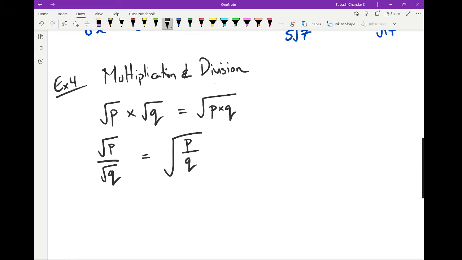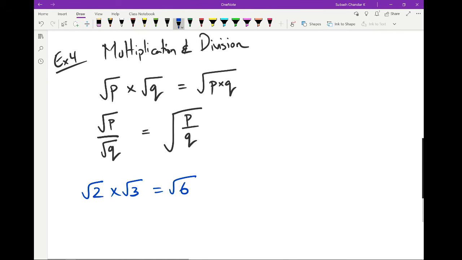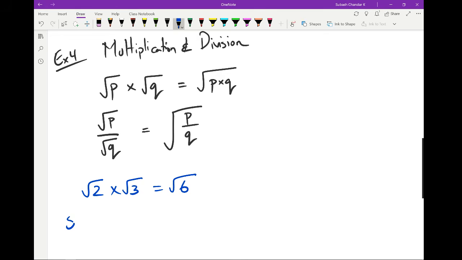So if you look at a couple of quick examples that we're going to do. So if I have square root of 2 times square root of 3, this could be written as square root of 6. If I have something like 5 square root of 2 times 2 square root of 3, then what you do is you've got 5 multiplied by 2, which equals 10, and then square root of 2 times 3.